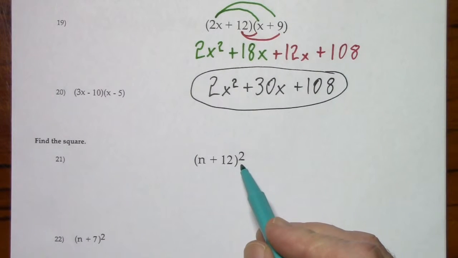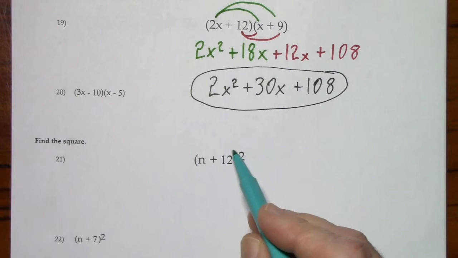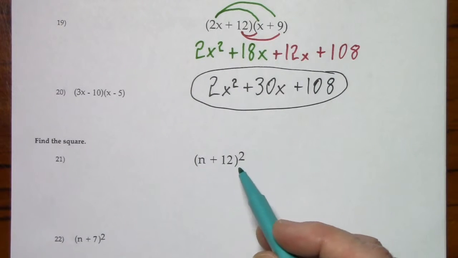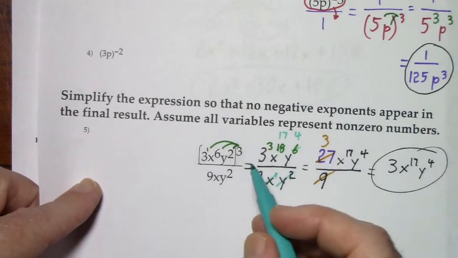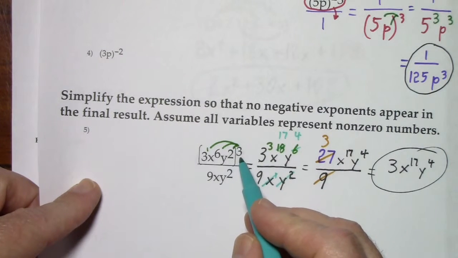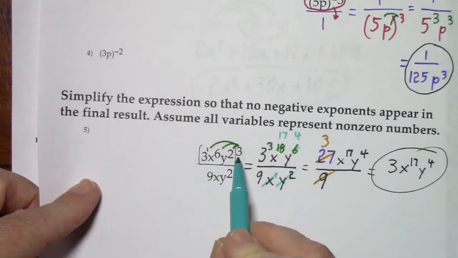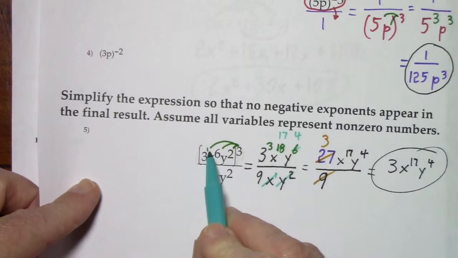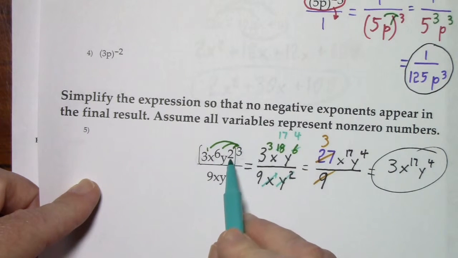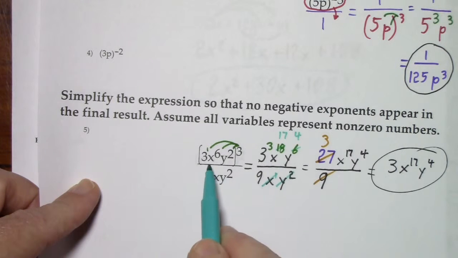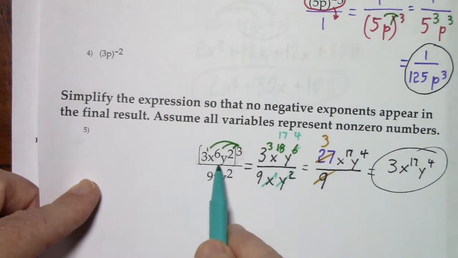Now here we're supposed to square this. You cannot use the power rule and just send the 2 in to each term, because unlike this case where we could use the power rule, that is, we sent this exponent to multiply each exponent inside the parentheses, here nothing's being added or subtracted.